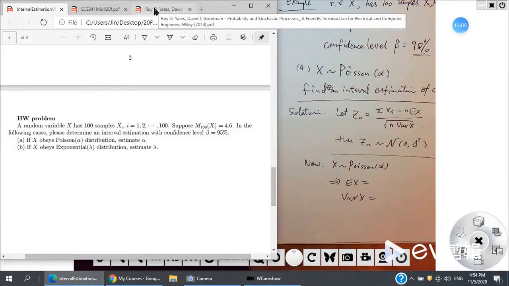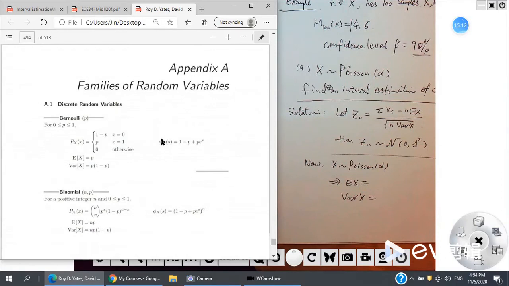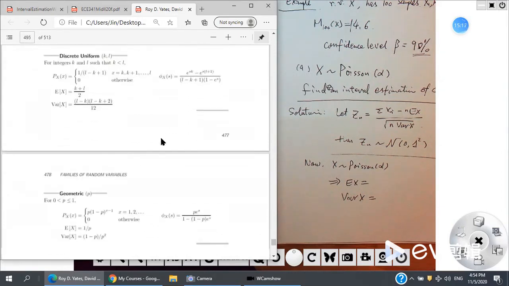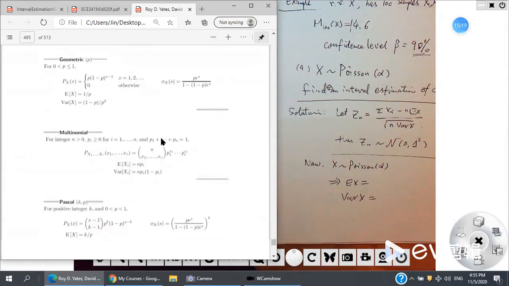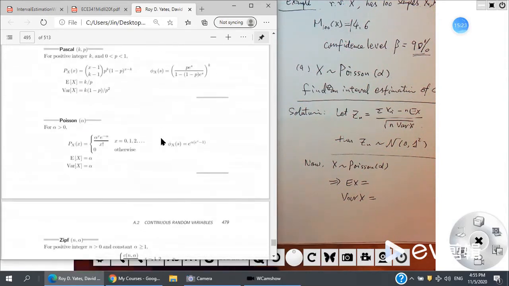This is in the textbook, in Appendix A at the back. Then you can see we have different kinds of random variables. We want the Poisson one. Okay, it's here, Poisson of R.